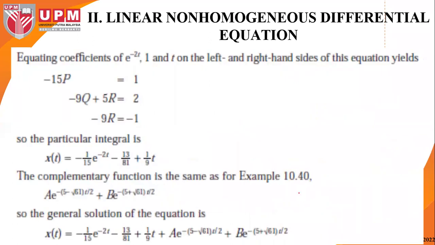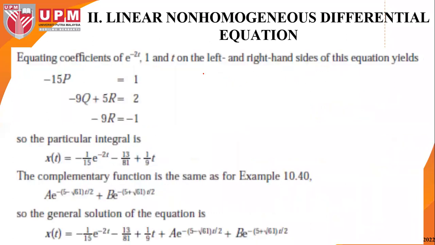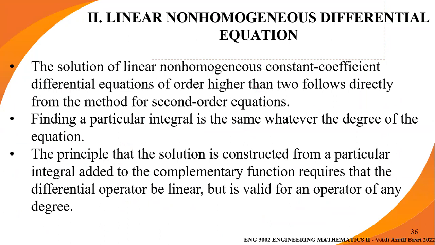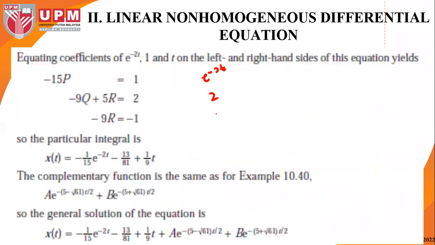Next step is to classify. In this case, you classify based on these three things: the first is exponent negative 2t, the second is 2, the third one is negative t.